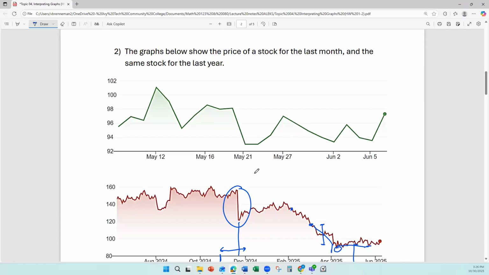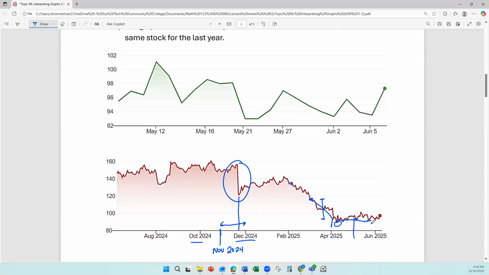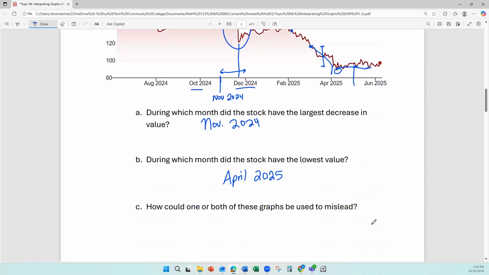If you look back for the whole year, you can see that it's leveled out at a much lower level than what it had been. So focusing on a shorter time frame can be used to hide the big picture.